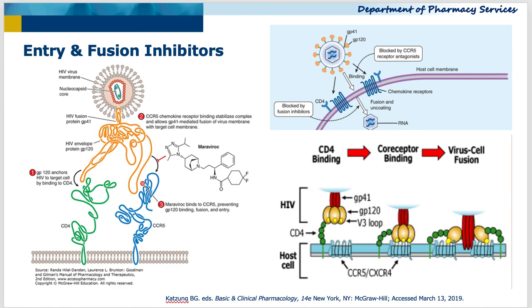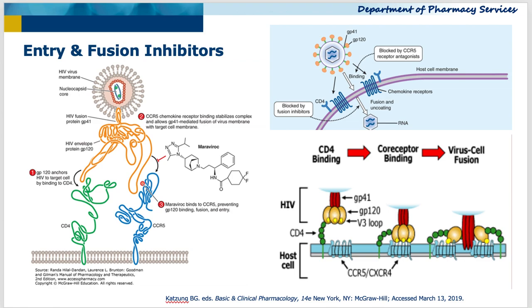Once it does bind, it causes a conformational change in the co-receptor that prevents the actual HIV GP120 receptor from binding with the CCR5 co-receptor. A simple way of saying that is it'll bind here, it causes a change, and therefore this interaction can no longer happen.